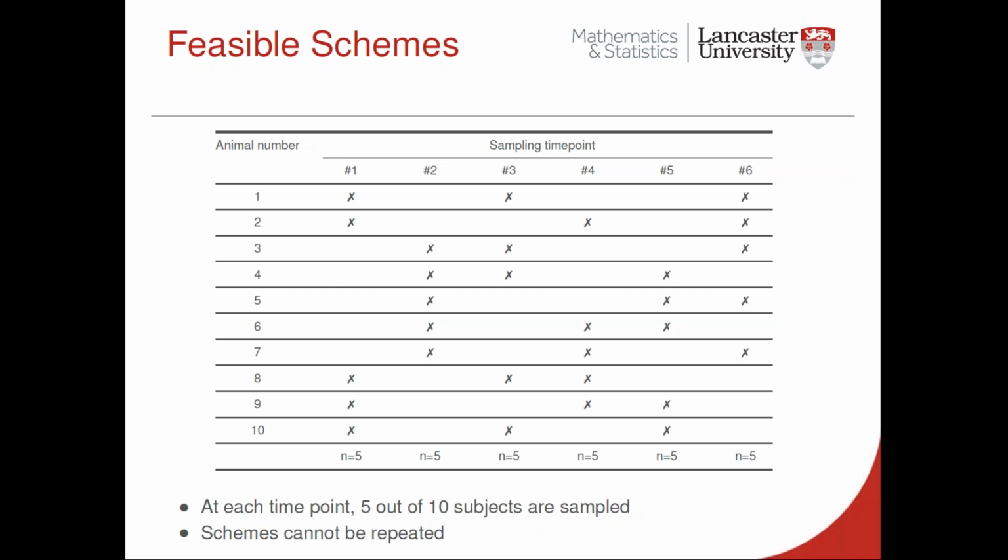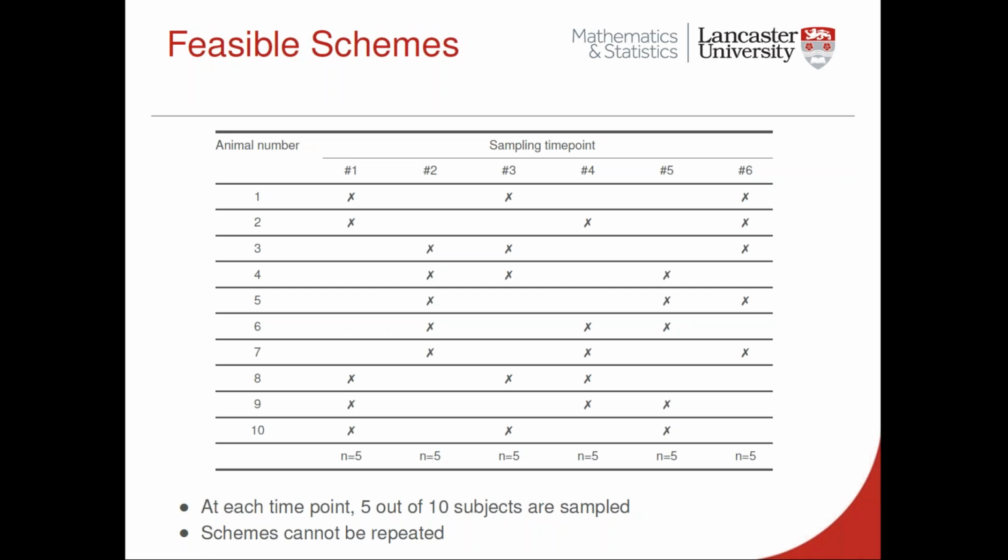We have simply modeled our feasible schemes on the proposal given in Chapman, where they had 5 animals per time point and 3 samples per animal. If you wanted, you could also include further restrictions. You could say, I don't want animals to be sampled at consecutive time points, and that could be incorporated.